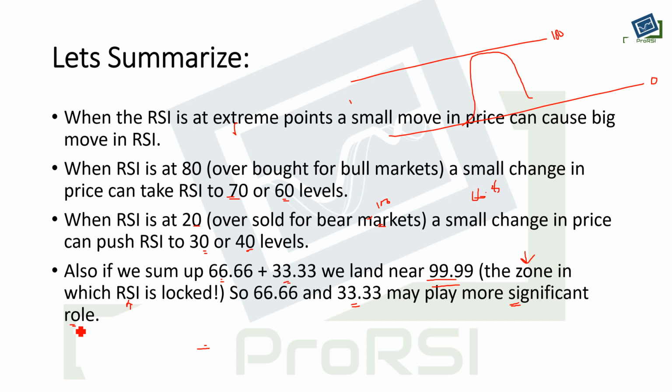So instead of taking exact 66.66 and 33.33, he took a round figure, 60-40, to make it easier and simpler. But this is how you have to understand why 66.66 and 33.33 come into play.